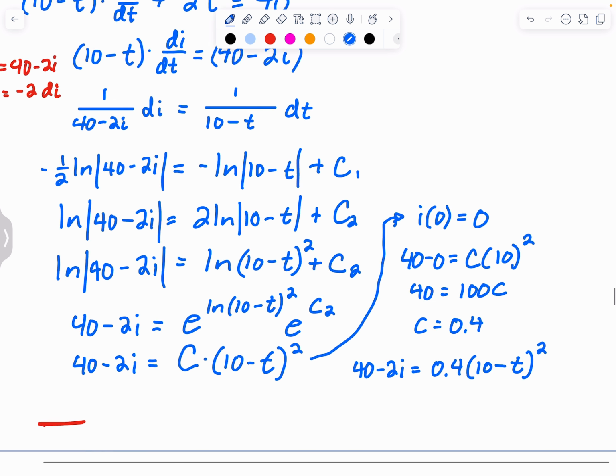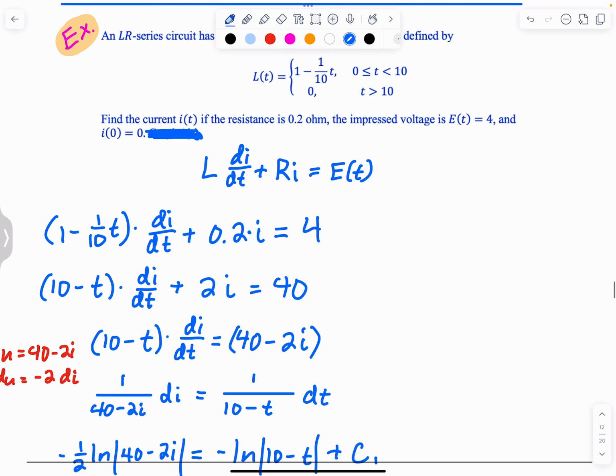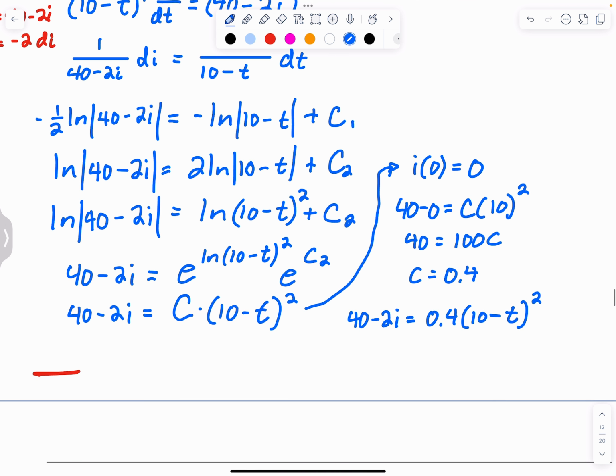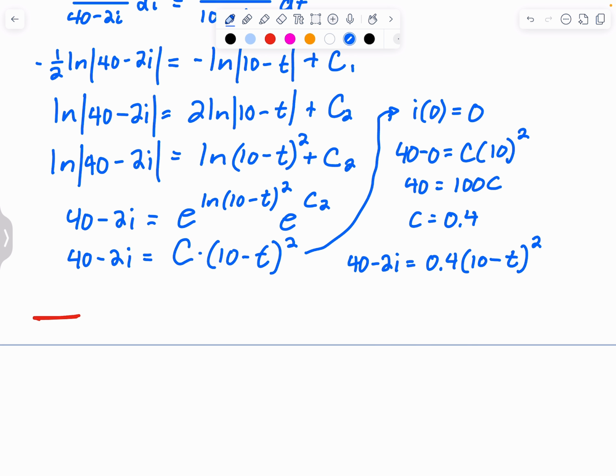All right, so there's my equation. Let's see what they asked for. It says find the current I of t with the resistance and pressure given. So we found our equation. We are done. You could solve for I of t. I guess we could, it's not hard. So I of t equals a negative 1/2. Let's go ahead and distribute the negative. I'll do it piece by piece. Let's do i minus 2.